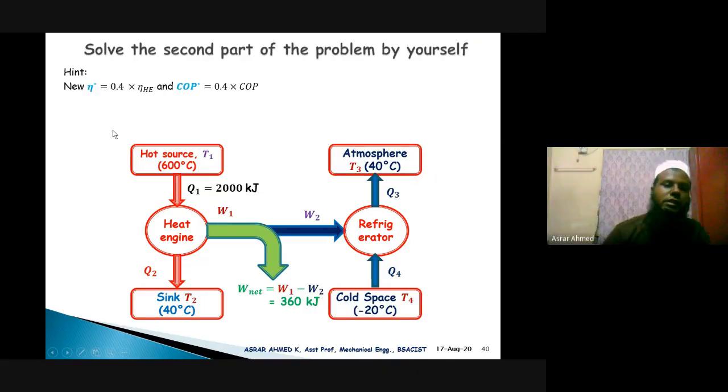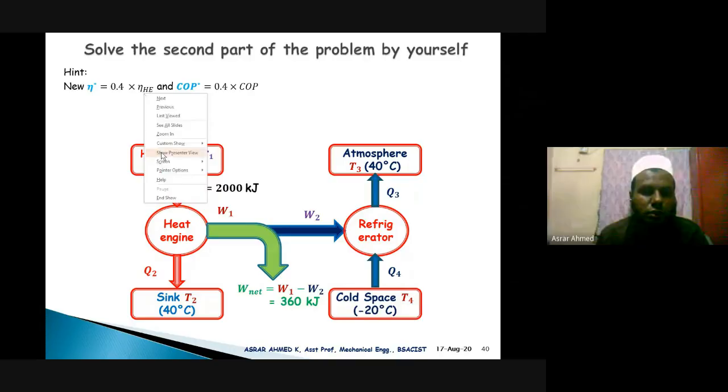So new efficiency for the same problem, let us say that new efficiency is efficiency star. Efficiency star equal to 0.4 of efficiency of heating. So what is this? This we have already found out. This black color is what we have found out. Okay, so this is 0.642.